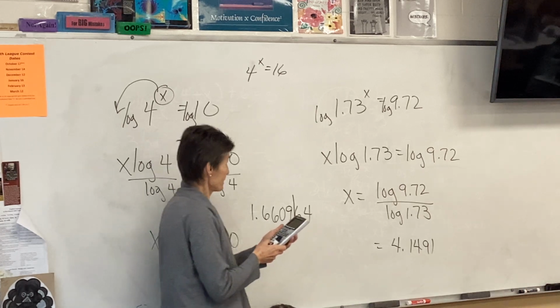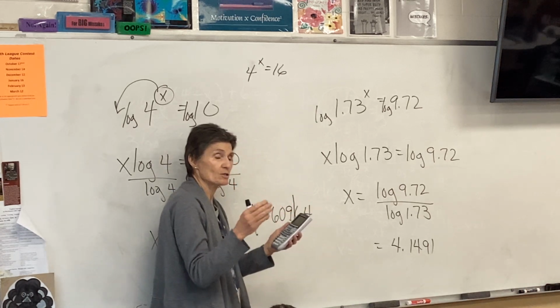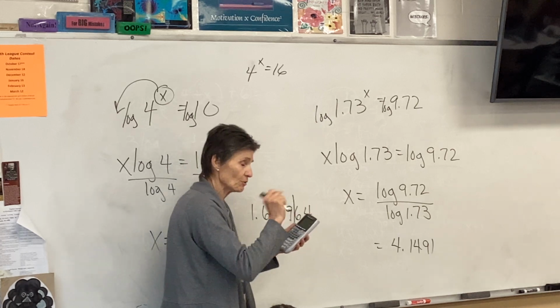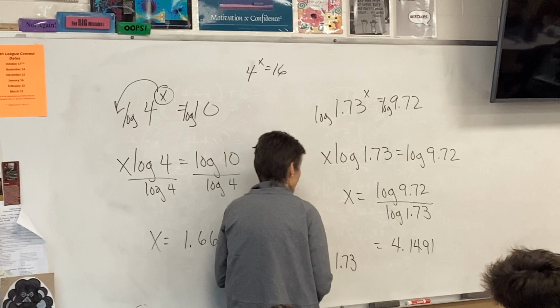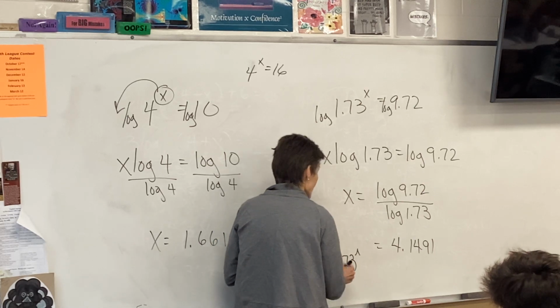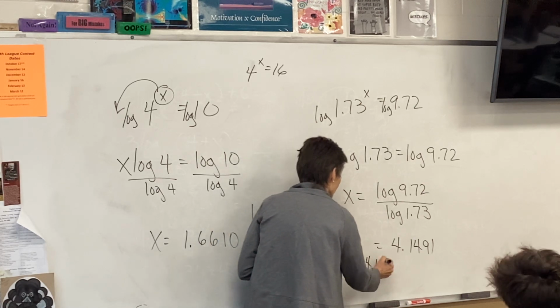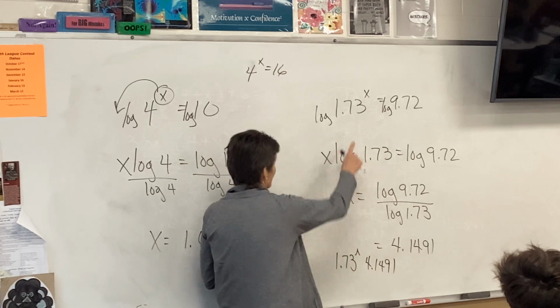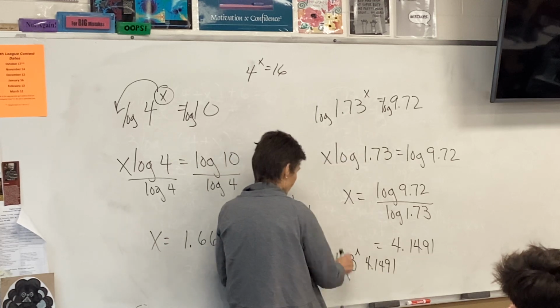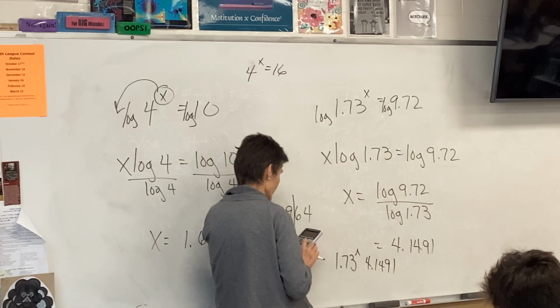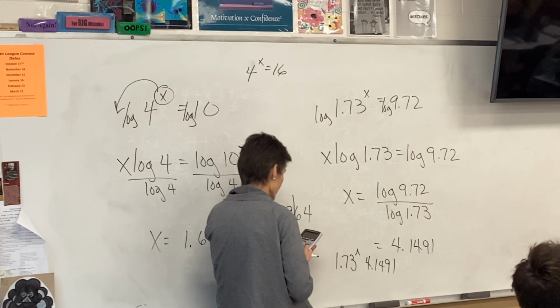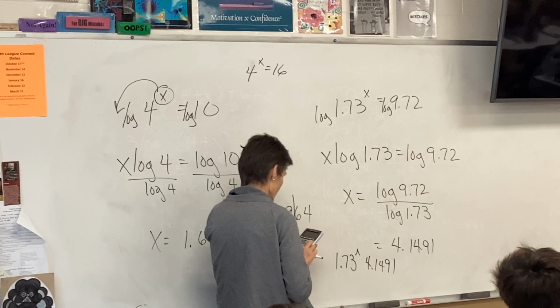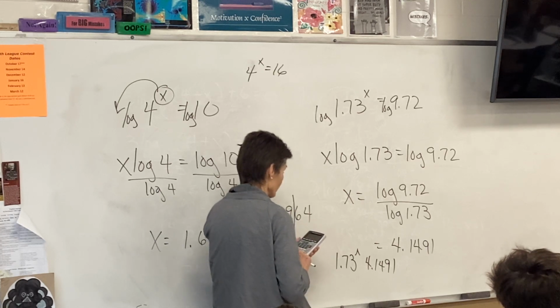Now, just so you see how this is all working, take your calculator and type 1.73 raised to the 4.1491 power.